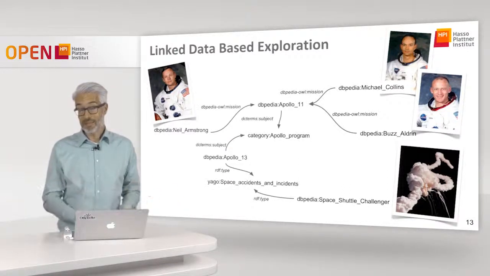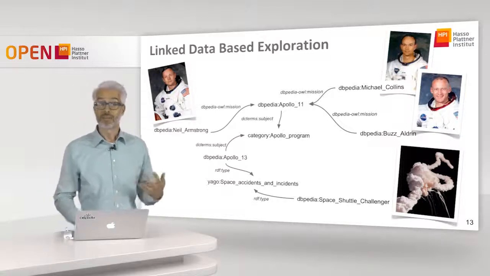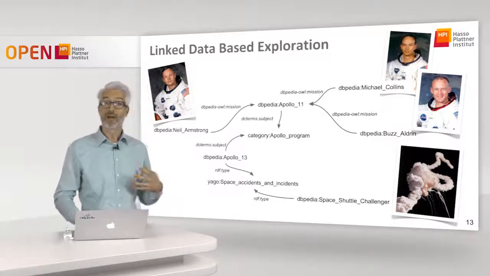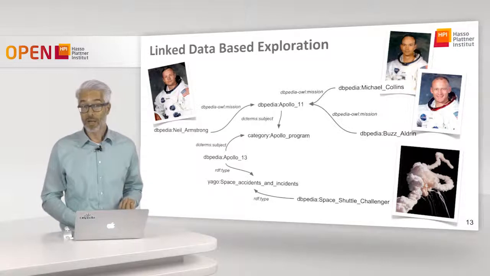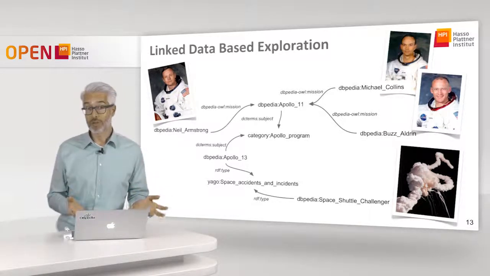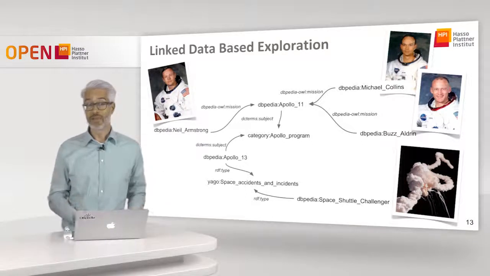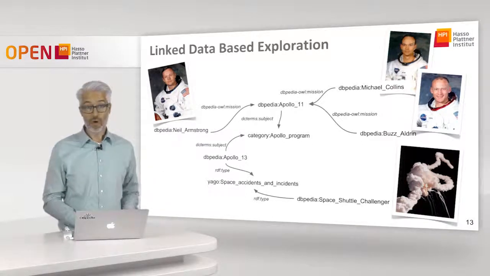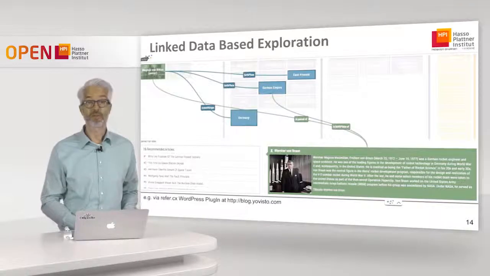And this again gives us interesting, previously unknown information about the search space. And we can learn, of course, we can explore. So this is an example of search space exploration and exploratory search.